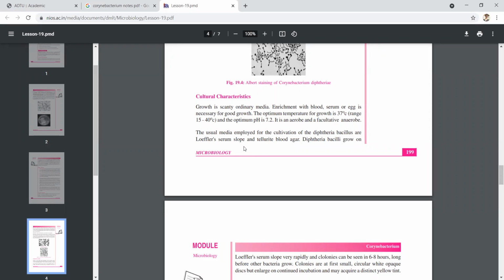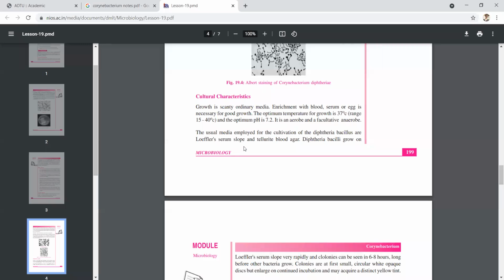A specific media that you can use to identify or cultivate it is Loeffler's serum slope and tellurite blood agar. Either of these media can be used for growing this bacteria.